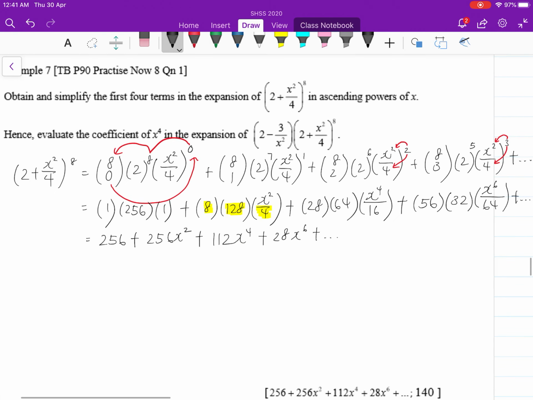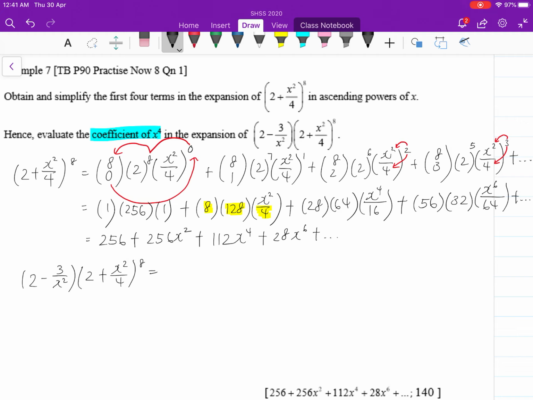Okay, now let's read the question. Hence, evaluate the coefficient of x to the power of 4. They want you to find the number in front of x to the power of 4 in the expansion of (2 - 3/x²) times whatever you just expanded. So basically, (2 - 3/x²) multiplied by (2 + x²/4) to the power of 8.